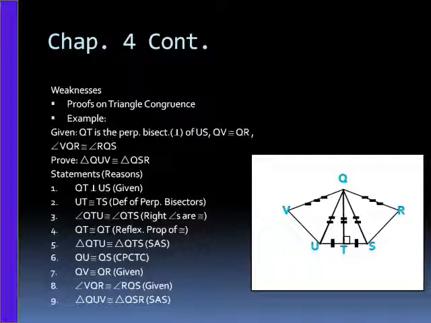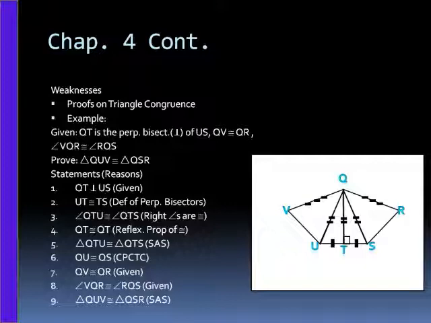Number 3 is angle QTU is congruent to angle QTS, because right angles are always congruent. Number 4 is QT is congruent to QT by the reflexive property of congruence. Number 5 is triangle QTU is congruent to triangle QTS by the side angle side or SAS theorem.